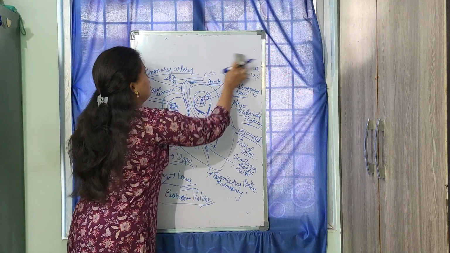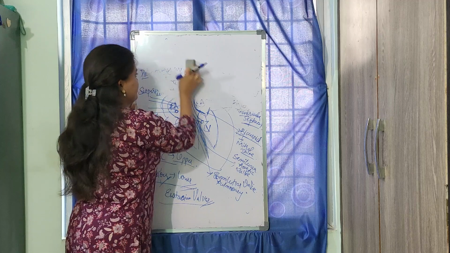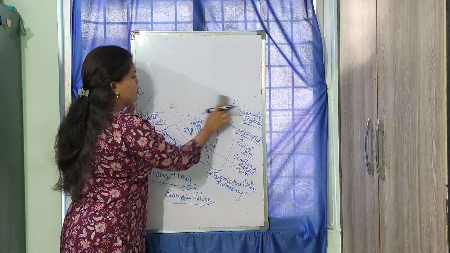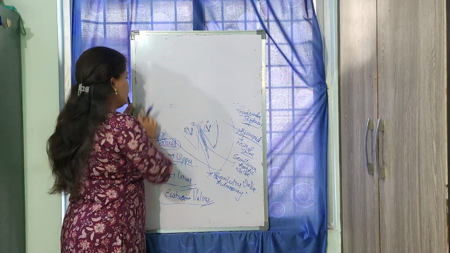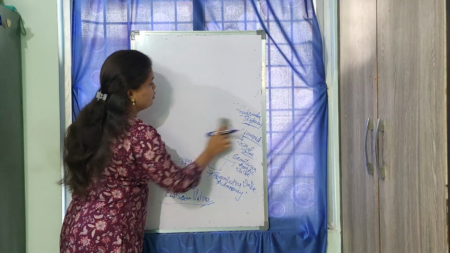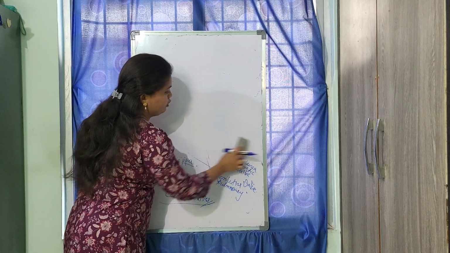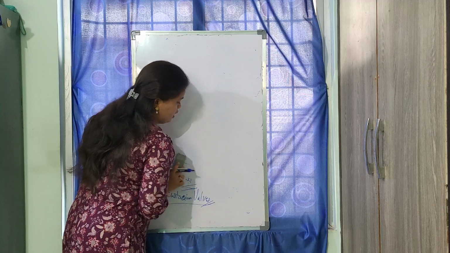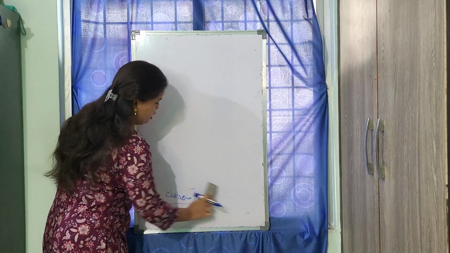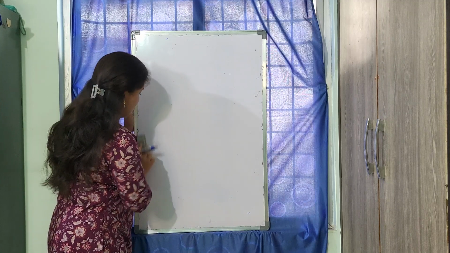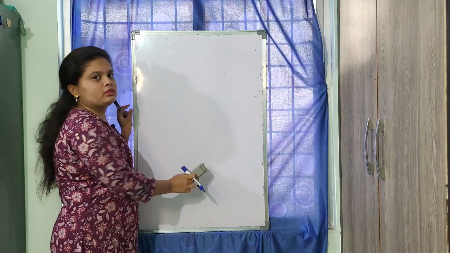There is a particular question that always comes to your mind when we talk about valves. When we talk about the tricuspid valve and bicuspid valve, a particular question should be coming to your mind. What is that?